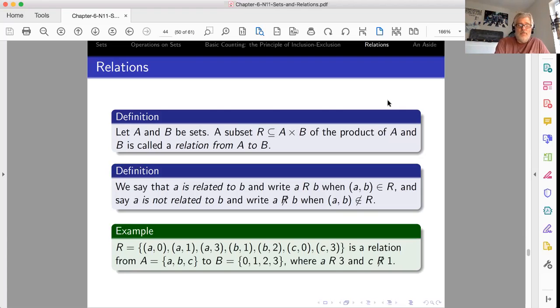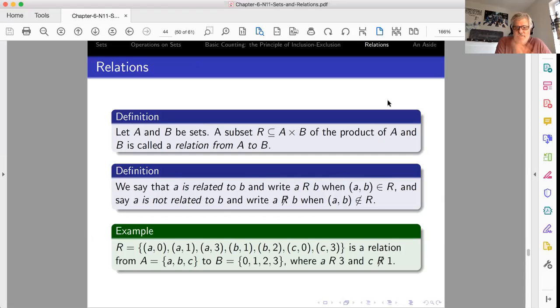So here's an example. I took 2 sets. A is a, b, c, and B is 0, 1, 2, 3. And I just took one possible relation. There are a very large number of them. I took the relation which consists of the pairs (a,0), (a,1), (a,3), (b,1), (b,2), (c,0), (c,3). That's one relation.